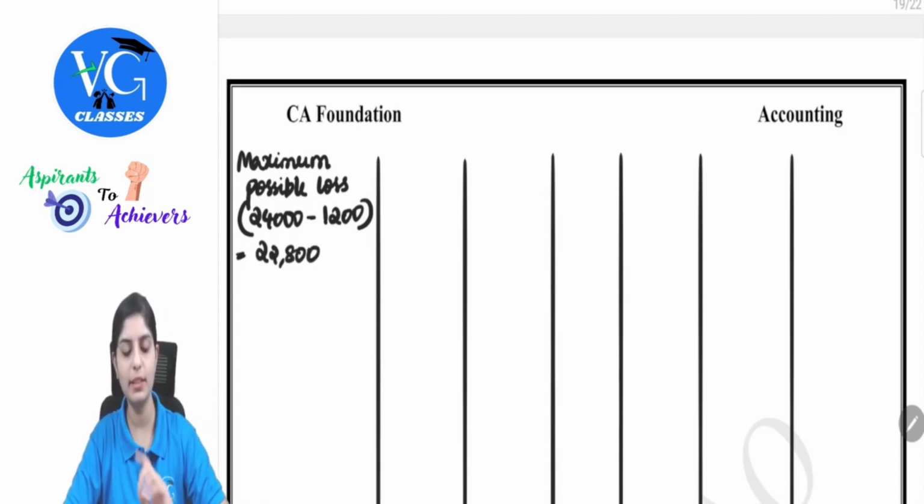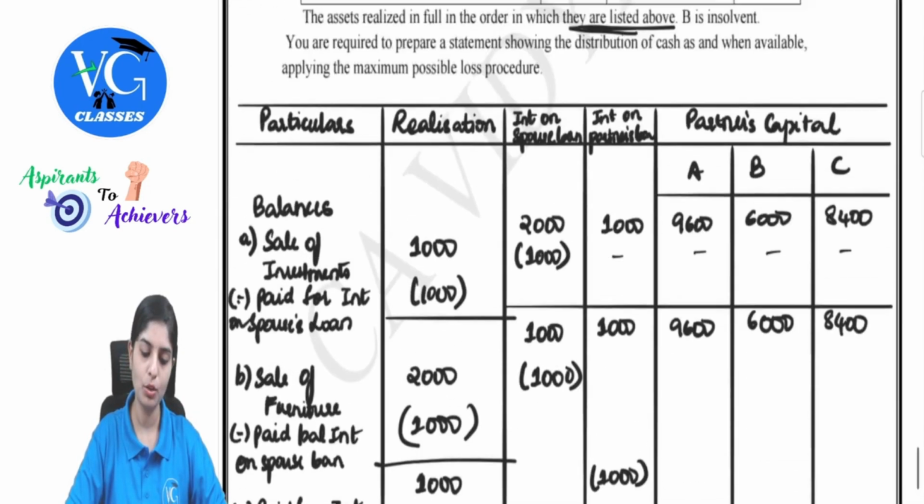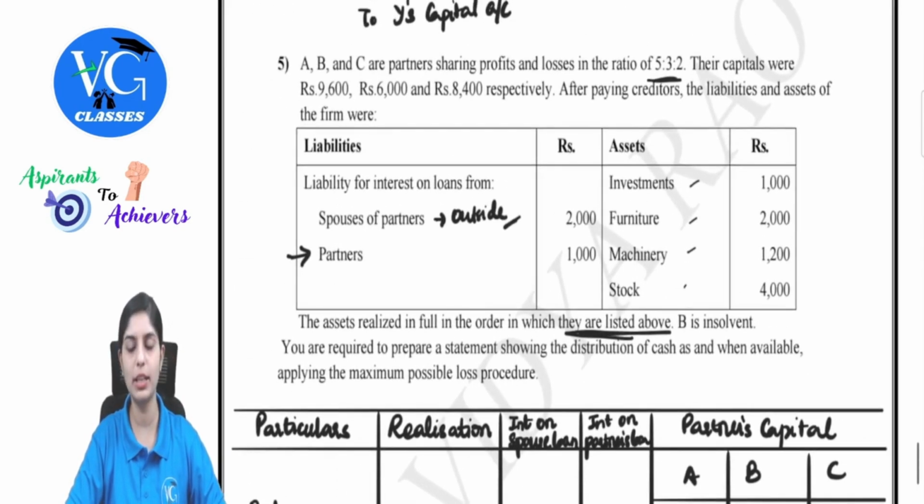It should be transferred to partners' capital in their profit sharing ratio. So what is their profit sharing ratio? 5 is to 3 is to 2.